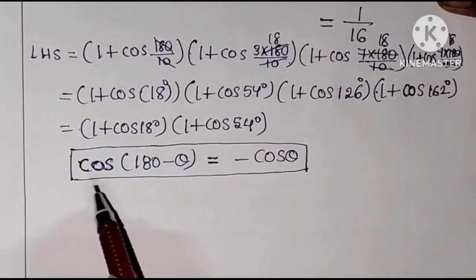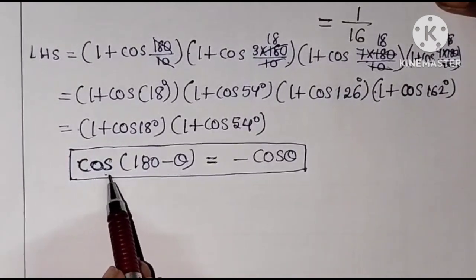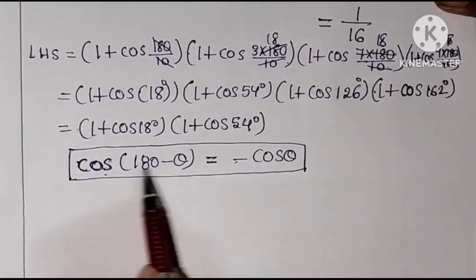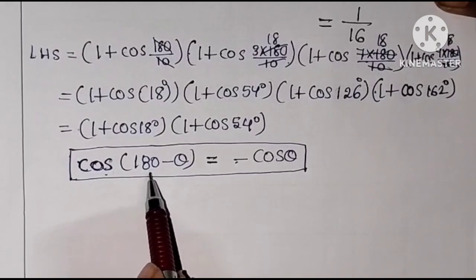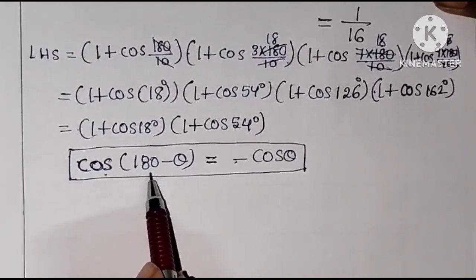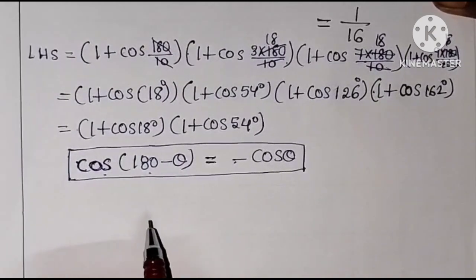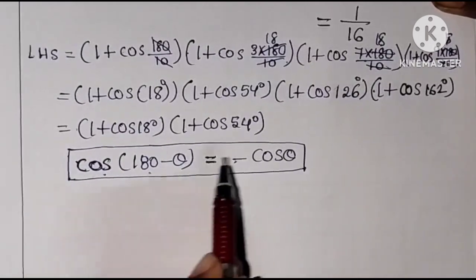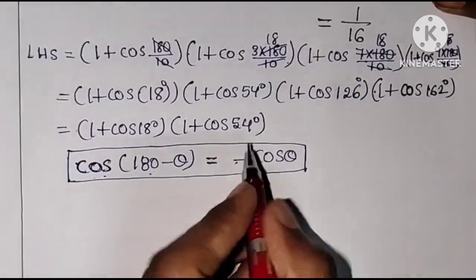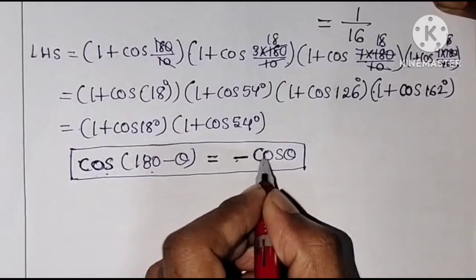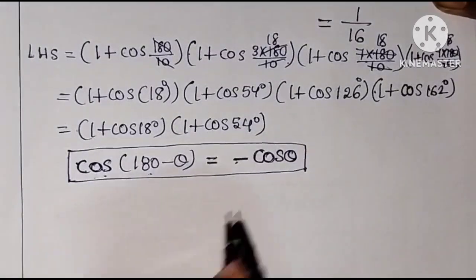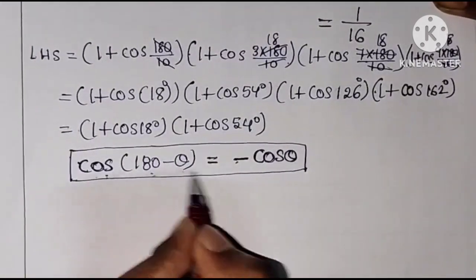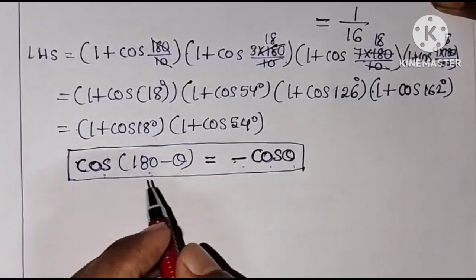In second quadrant only sine and cosecant are positive, so cos is negative, and 180 is an even multiple of 90, so cos remains cos only. So cos 180 minus theta is equal to minus cos theta.